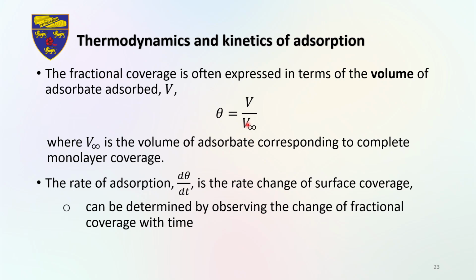The extent of surface coverage can be expressed by volume relative to the volume required for a complete monolayer formation, while the rate of adsorption, d theta dt, is the rate of change of the surface coverage. It can be determined by observing the change in the fractional coverage with respect to time.